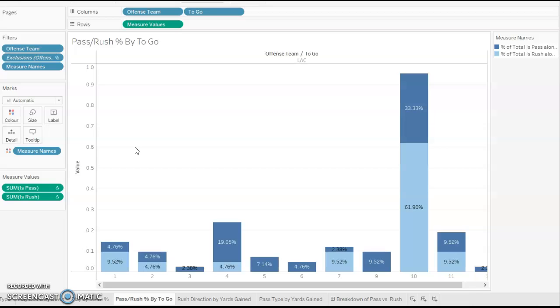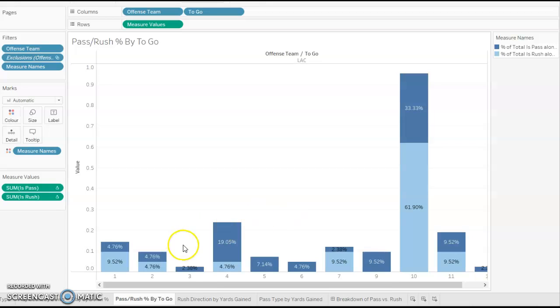Looking at this chart, we're able to see that if they have, let's say, 4 yards to gain, they're going to try to pass it more than they are going to rush it. That's going to tell us how we need to set up the defense, and maybe focus more on which type of yards to gain there are in our play calling.